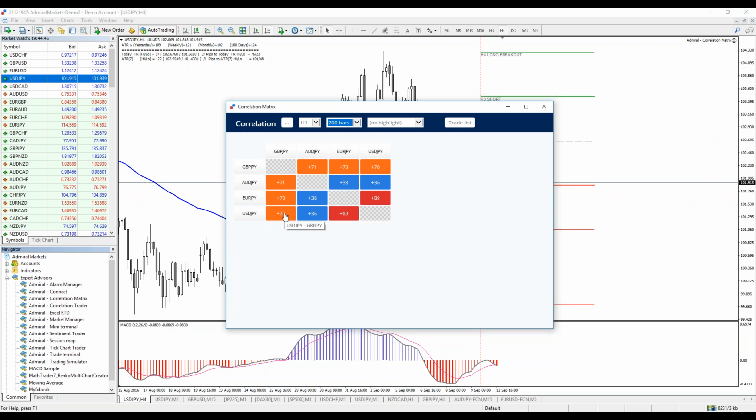You see, it is a correlation, but euro yen and dollar yen, well, 89. I thought it was like 60, 70, not 89. But strong correlation, yes. But dollar yen and AUD yen plus 36. Well, you see, it's not that. It should be better, guys.